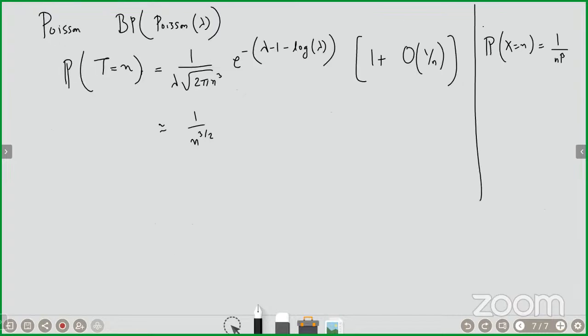There are some other terms, but this is the dominant term. Everything else is independent of n. So the scaling is actually 1 over n to the 3 by 2. All you need to do is apply Stirling's approximation to the factorial. But it's good to know this, you might need it later. For a branching process with Poisson distribution, the rate of decay of the probability falls down as n to the power of 3 by 2.